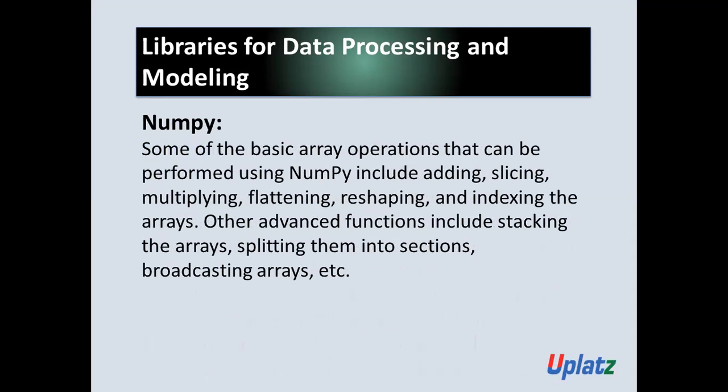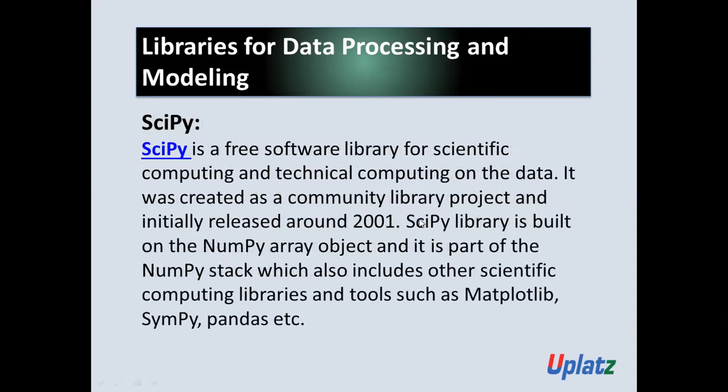So now we have seen two libraries, Pandas and NumPy. Now let's proceed to the third library, that is SciPy. SciPy is a free software library for scientific computing and technical computing on data.